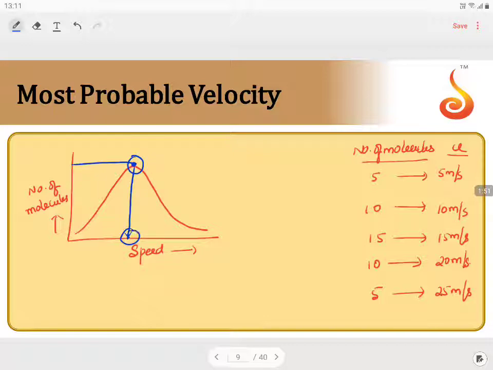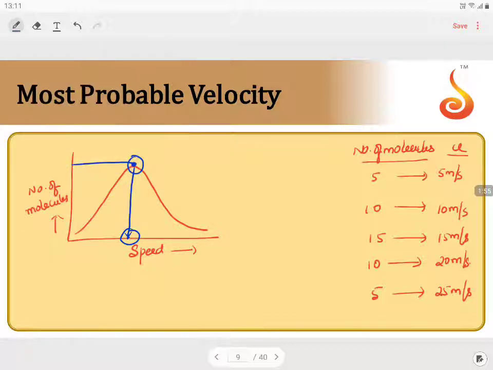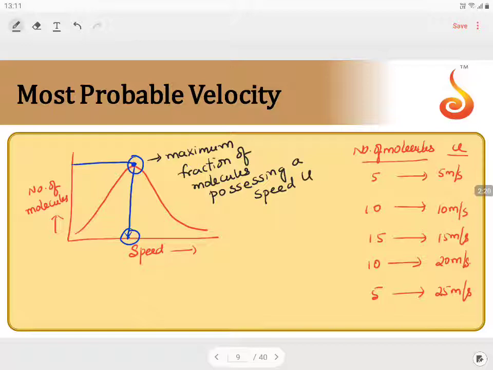If I drop the velocity onto this particular point, what does this point indicate? This point indicates the maximum fraction of molecules, or maximum number of molecules, possessing a particular speed, where this is taken as UMP.